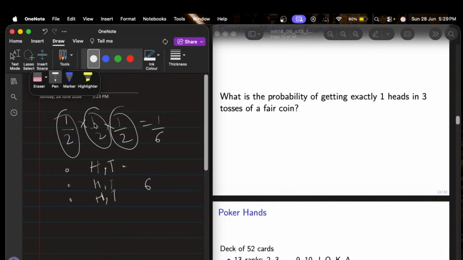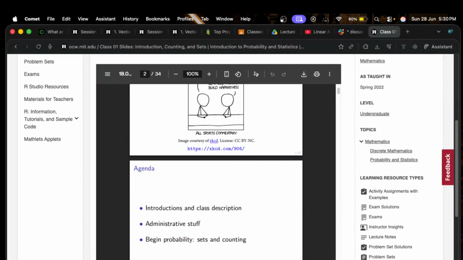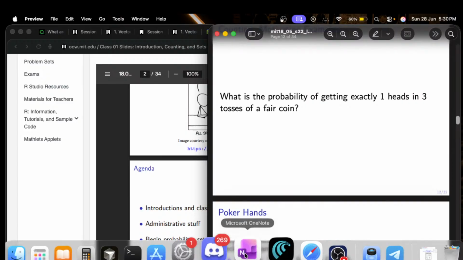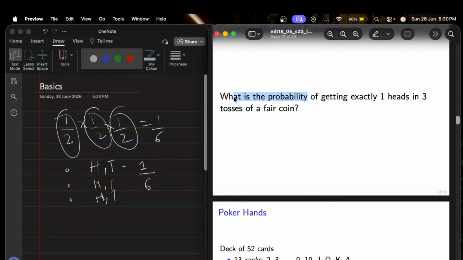And let's just ask AI what it thinks. What do you say? Okay, it's coming out to be 3 by 8.